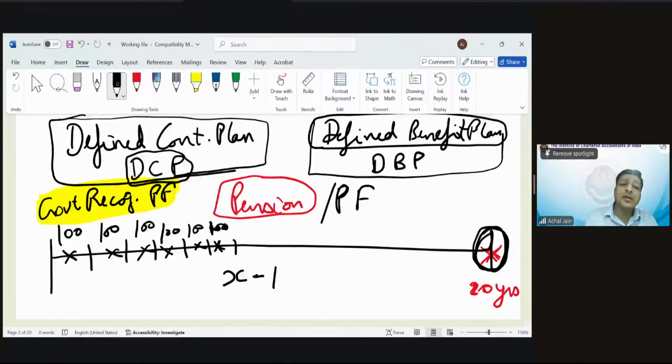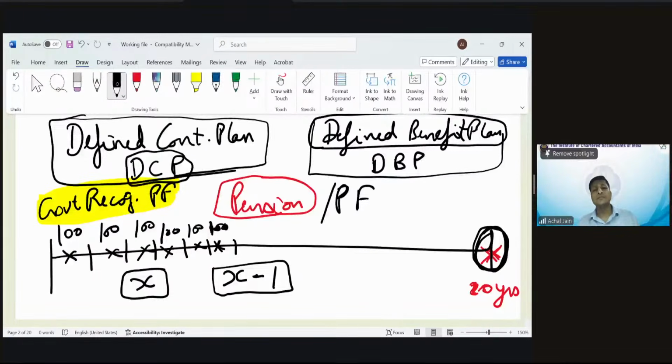So what is the amount payable? X. And what is the balance in the fund? X minus 1. Now in this case, there's a shortfall. Yes or no? Tell me, quickly, do you find there's a shortfall in the given case? Right? Kuldeep says, yes, there's a shortfall.